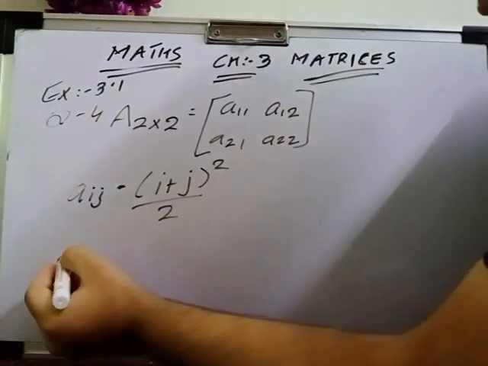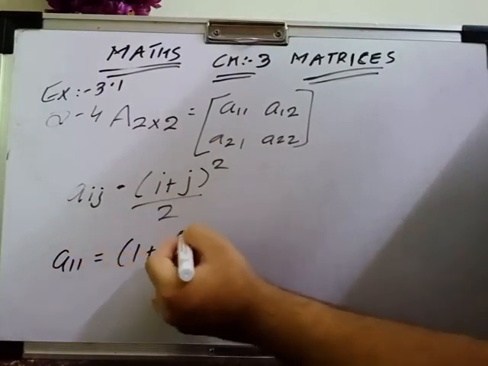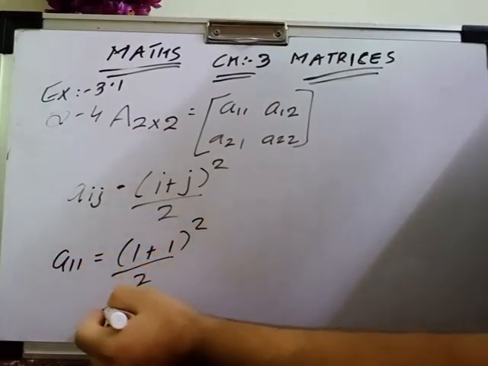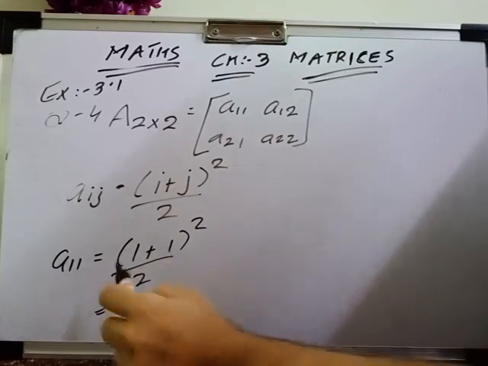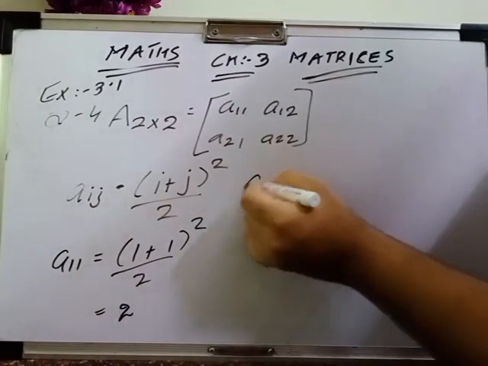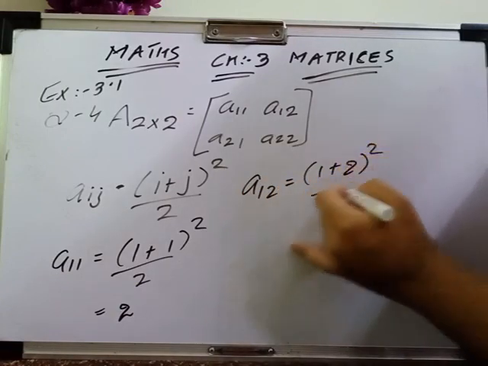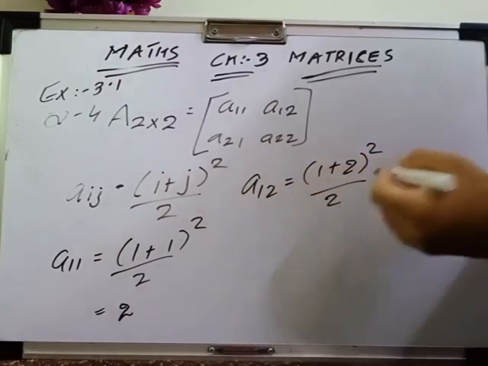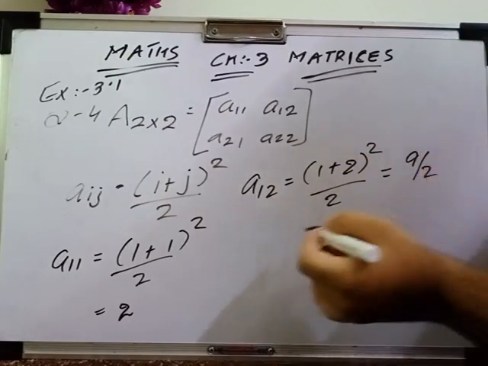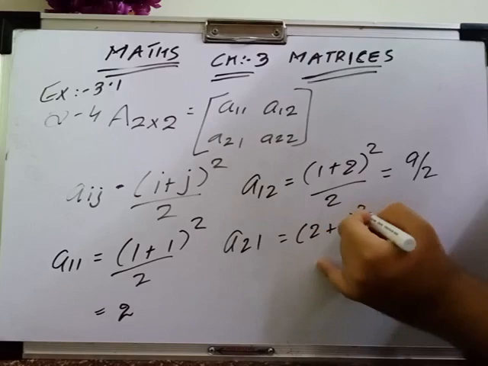So here if I am interested in finding A11, then I will take i as 1 and j also as 1. So 1 plus 1 is 2, 2 squared is 4, 4 divided by 2 is 2. A12: I will take i as 1 and j as 2. So 1 plus 2 is 3, squared is 9, by 2. A21: I will take i as 2, j as 1, whole squared by 2.